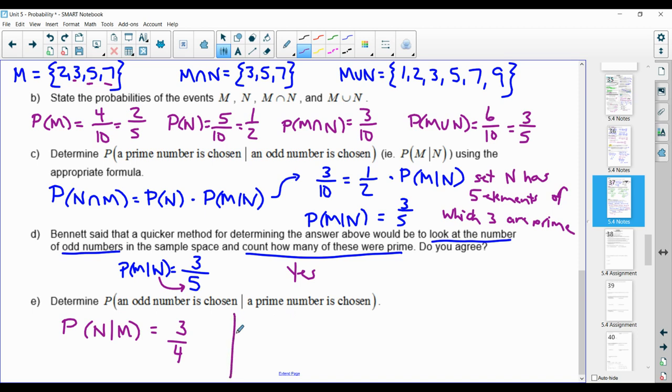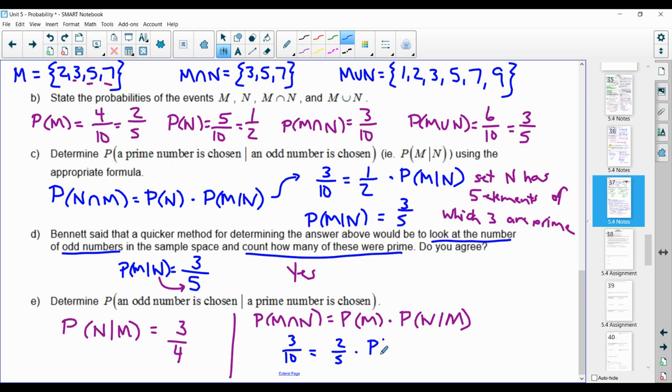And then we can also take a look at the formula method. The probability of M and N equals the probability of M times the probability of N given M. The probability of M and N is 3/10. The probability of M is 2/5.